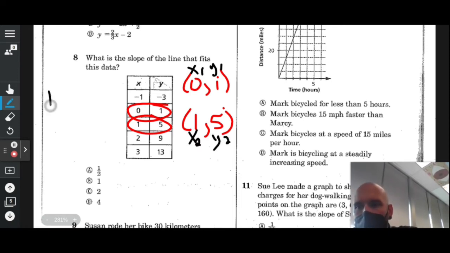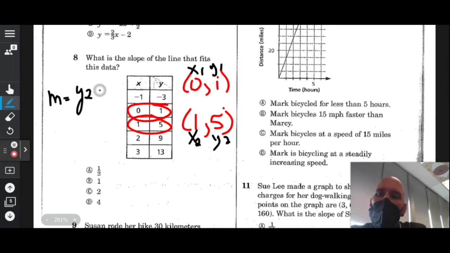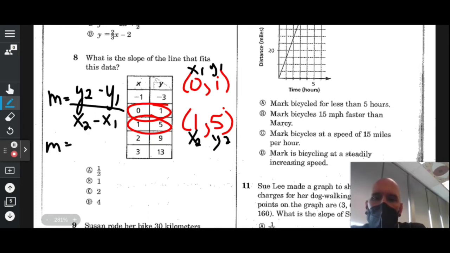I'm going to write out my slope formula over here. m equals y sub 2 minus y sub 1 over x sub 2 minus x sub 1. Then we'll plug it in. y sub 2 is 5, y sub 1 is 1, so 5 minus 1. x sub 2 is 1, and x sub 1 is 0, so 1 minus 0.